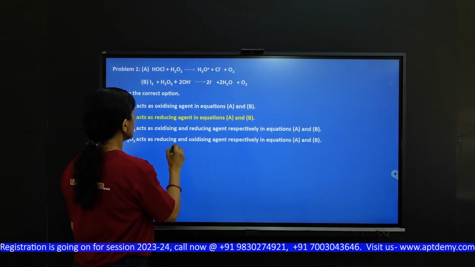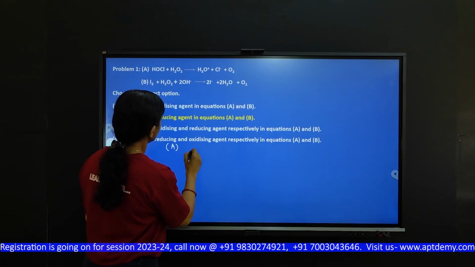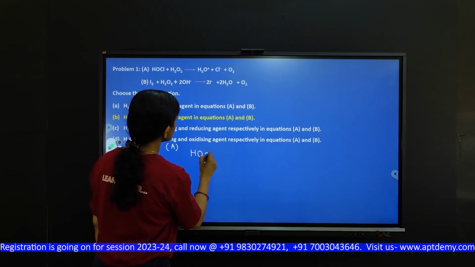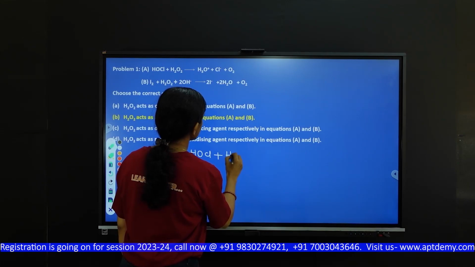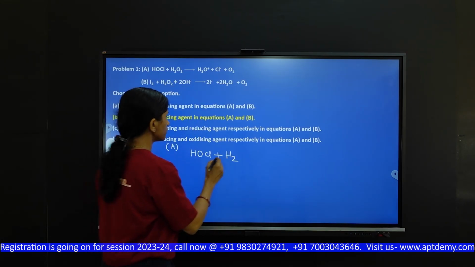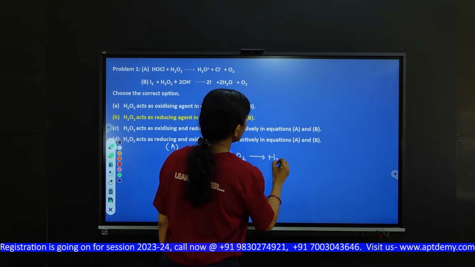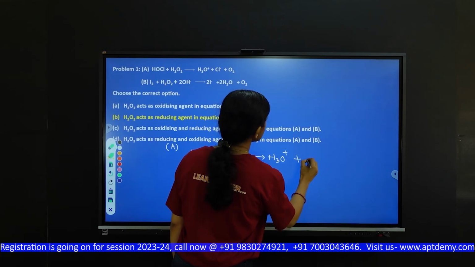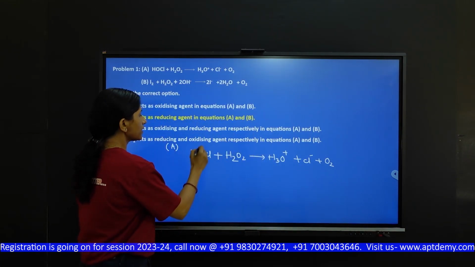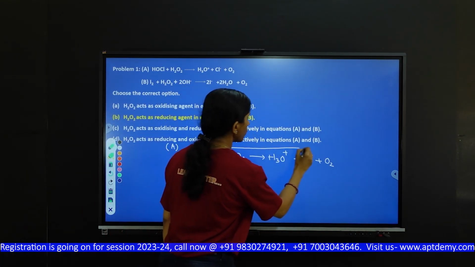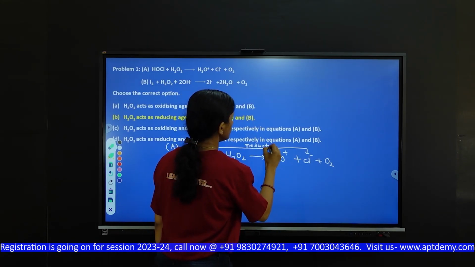So let's see how we can solve this problem. First of all, I will rewrite the equation in order to understand which one is the correct statement. The first equation is HOCl plus H2O2 giving H3O+ plus Cl- plus O2. Here HOCl undergoes reduction in presence of H2O2.